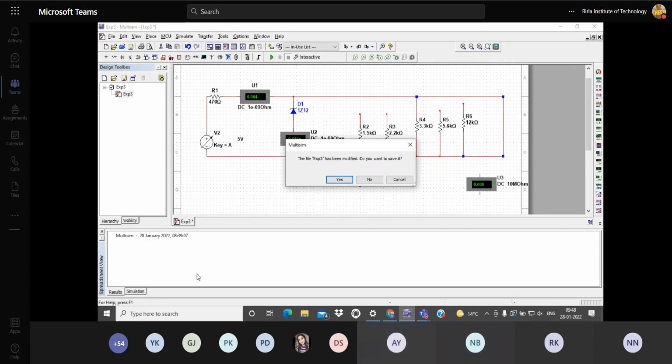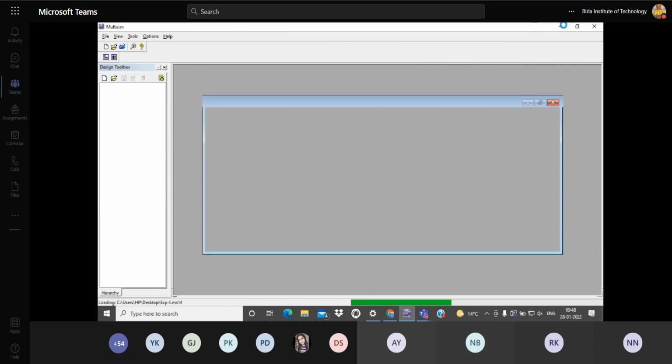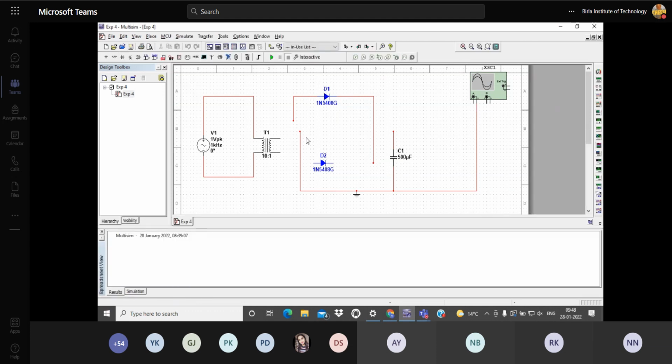Sir, one question. Where is the key in experiment number 4? Which one?